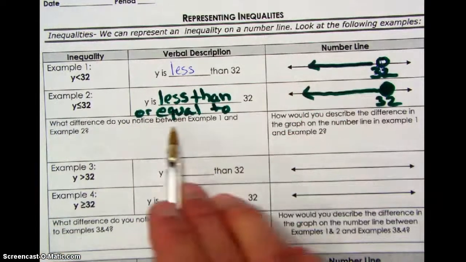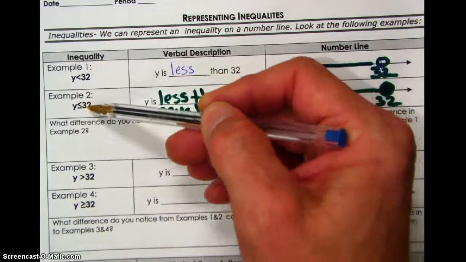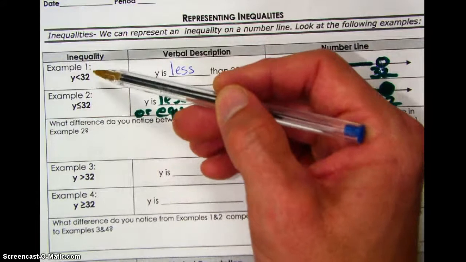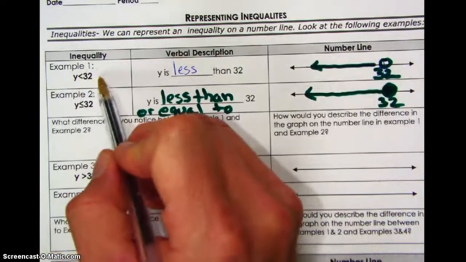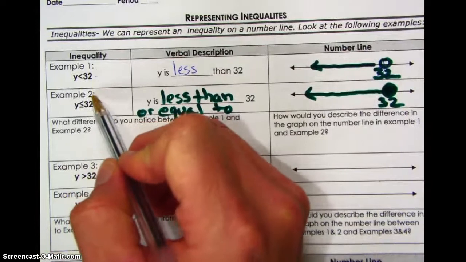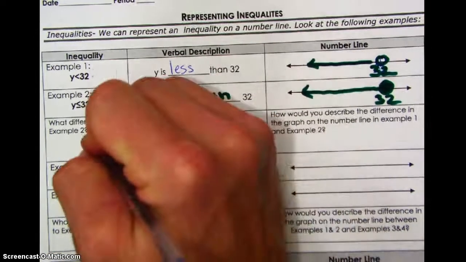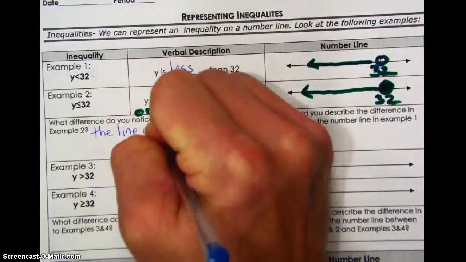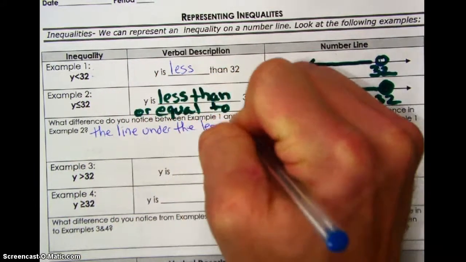What difference do you notice between example 1 and example 2? Just very basically, what's the difference there? Jonathan? No, I want to know right here on these expressions, what do you see that's different? The line under the less than sign.